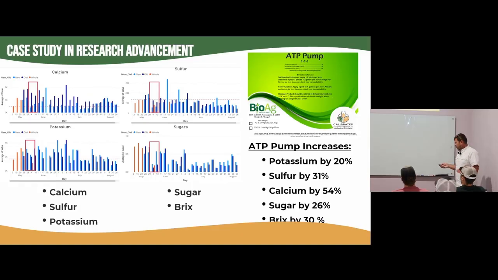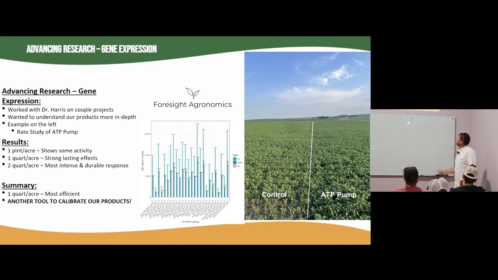But the one thing we did get lucky on is ATP Pump increases potassium, sulfur, calcium, and overall Brix levels. And it seems to do a really good job at metabolizing herbicide. We've seen a lot of visuals over the last 3 or 4 years where we see a lot greener color. This has been a 1 to 2 quart use rate product.